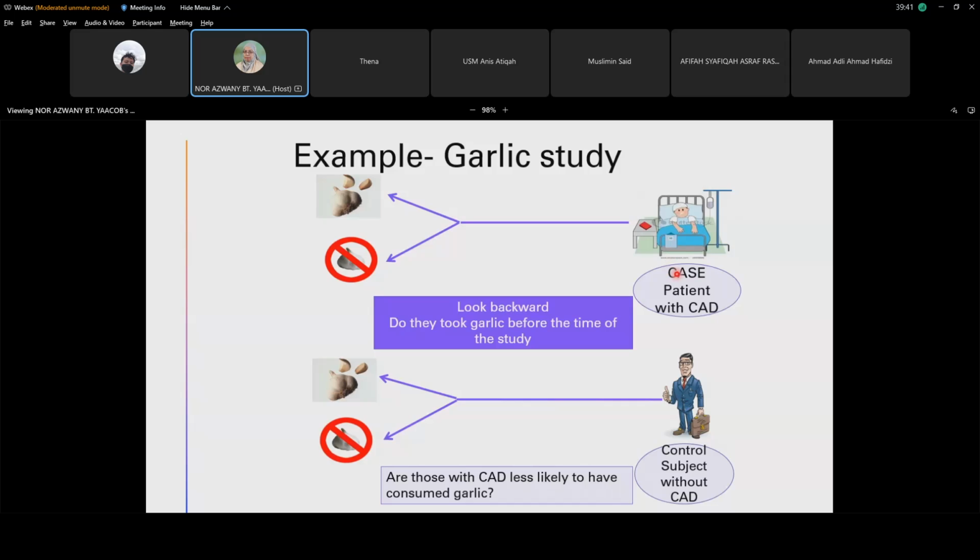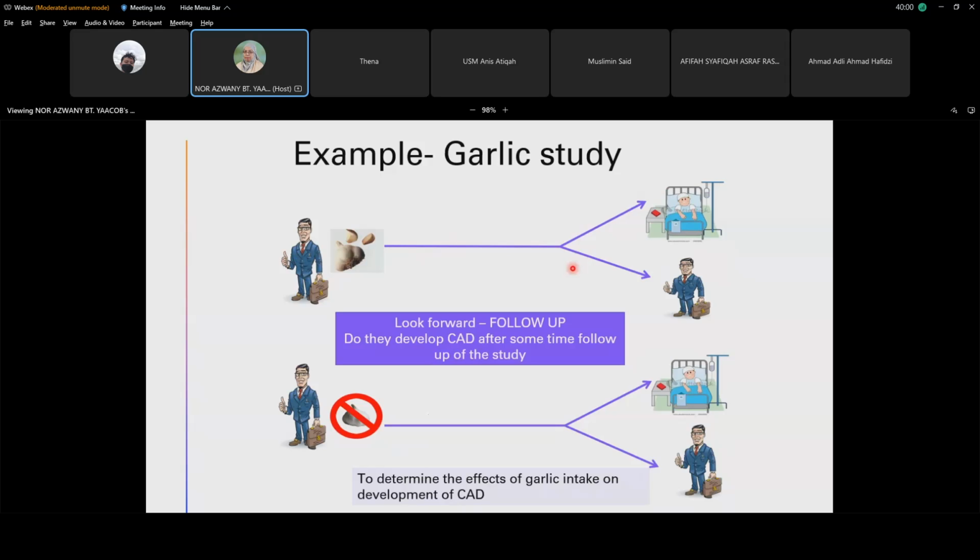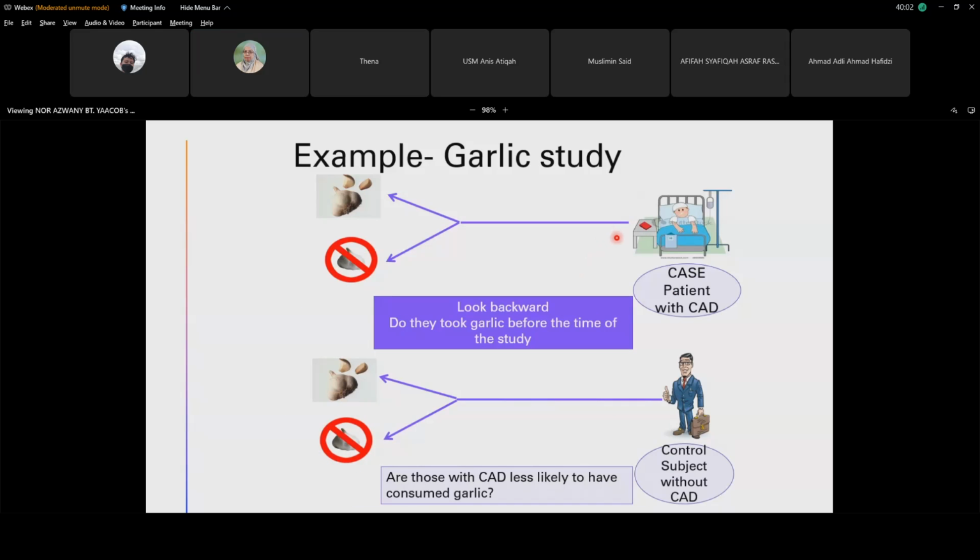If you have cases with a disease and a group of people without the disease, and you want to see whether they had the risk factors before they had the disease, then this is a case control study, because you start with cases and controls and look back.